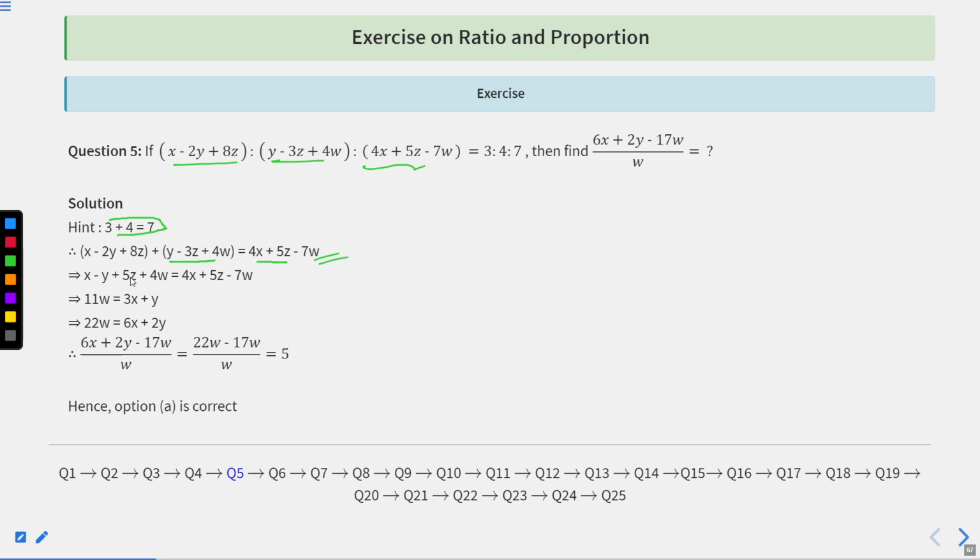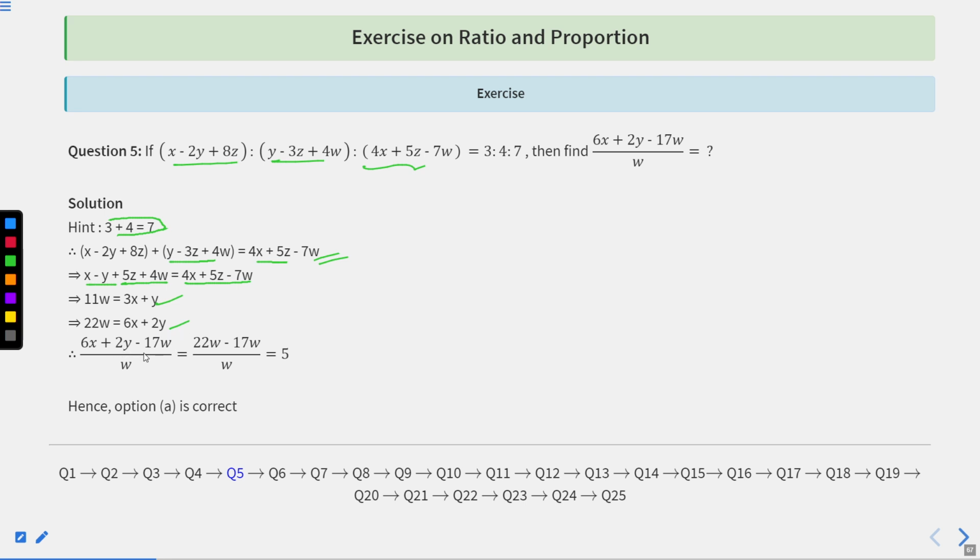Okay. So now if you simplify this, you will have x minus y plus 5z plus 4w equal to 4x plus 5z minus 7w. And on further simplification, you will have 11w equal to 3x plus y, and 22w equal to 6x plus 2y.